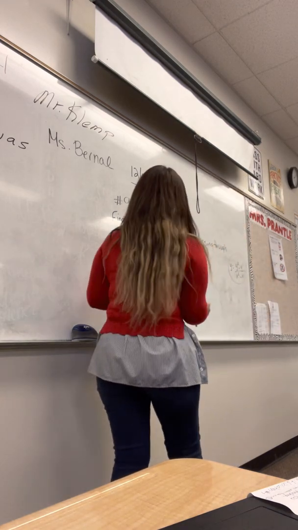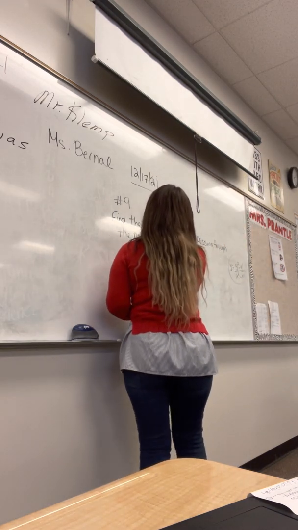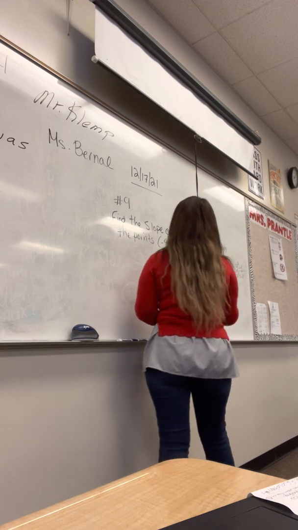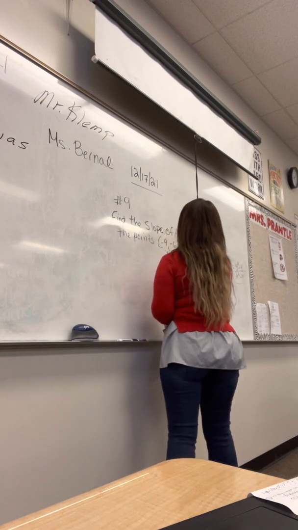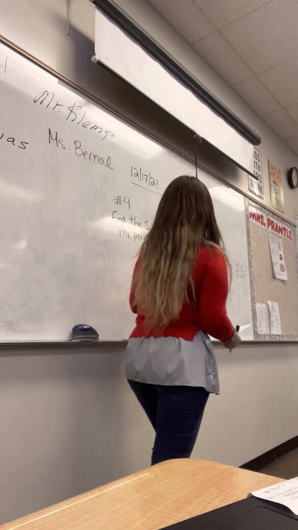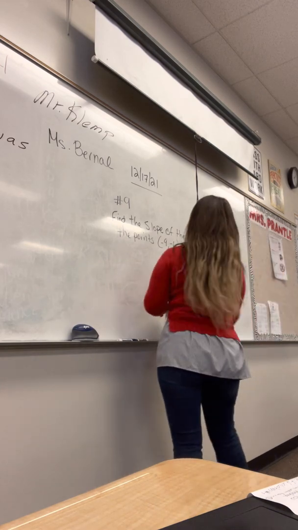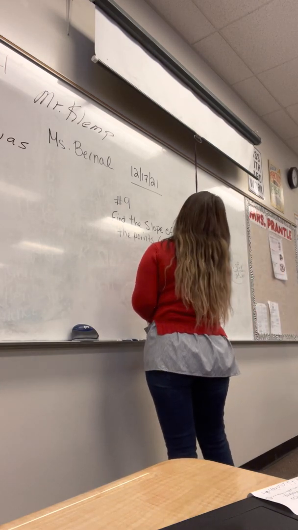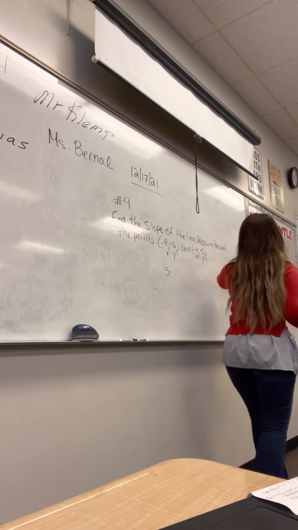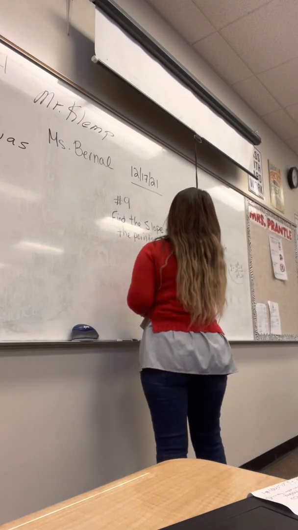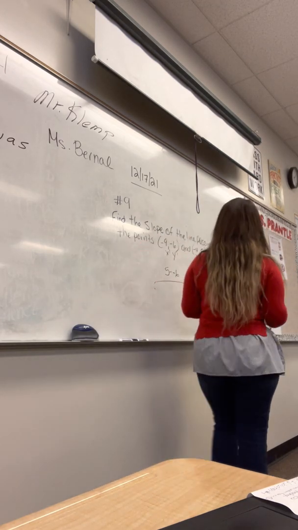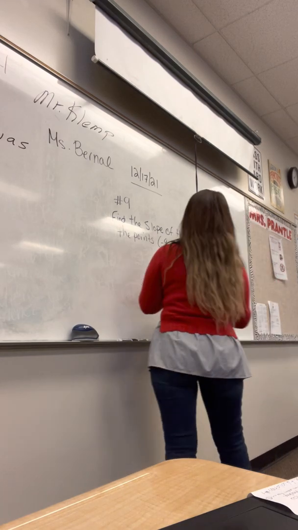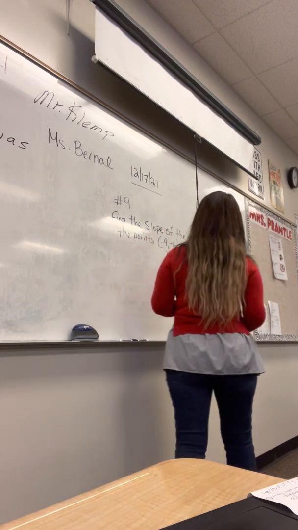So on here, we're gonna label your points x1, y1, x2, y2, okay? So which one is your y2? 5. Minus, which one is your y1? -6. Which one is your x2? -4.